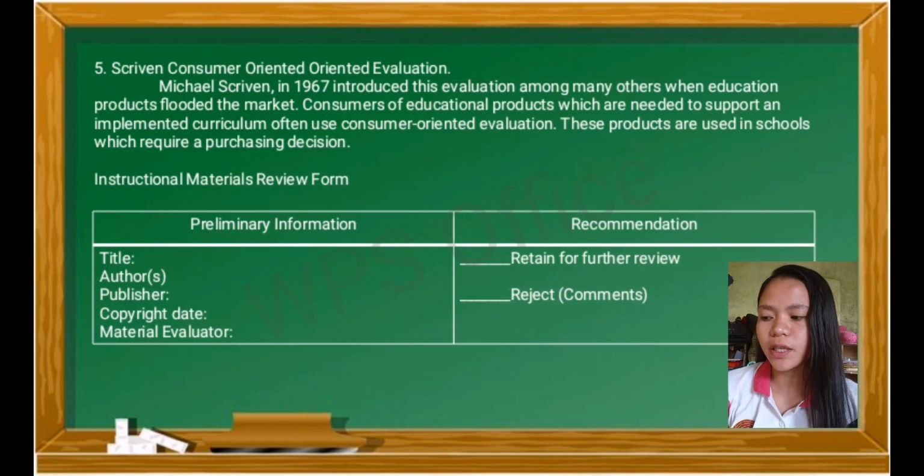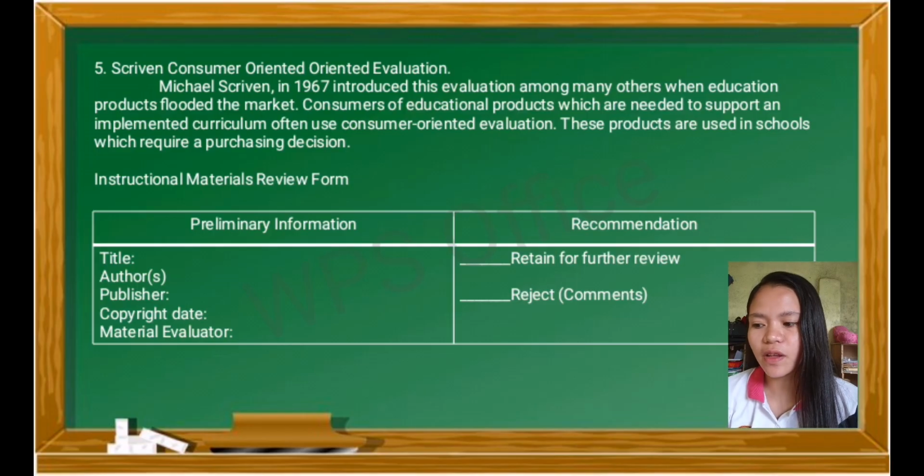Now proceed to the fifth, Scriven's consumer-oriented evaluation. Michael Scriven in 1967 introduced this evaluation among many others when education products flooded the market. Consumers of educational products, which are needed to support an implemented curriculum, often use consumer-oriented evaluation.